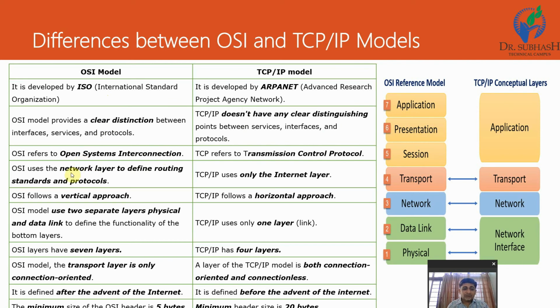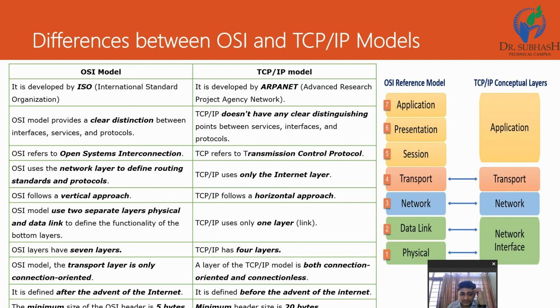In the OSI model, the network layer defines routing standards and protocols. Here it uses only the internet layer. See, in the OSI model, it uses the network layer. Here, the network layer defines the route, meaning which route is preferable to transmit your data.